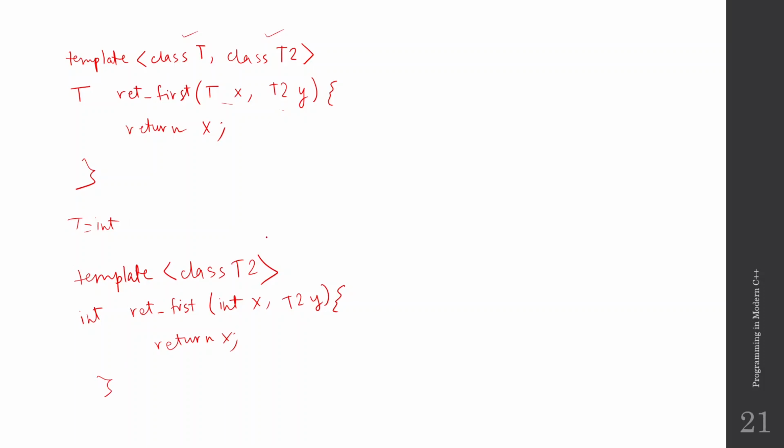So it might be the case that we write a specialized class like this, where we are overriding only the first argument. So in that case, in the parameter list, there will be T2 also. So that is why it is necessary to write the template thing above the function line, even when we are specializing.